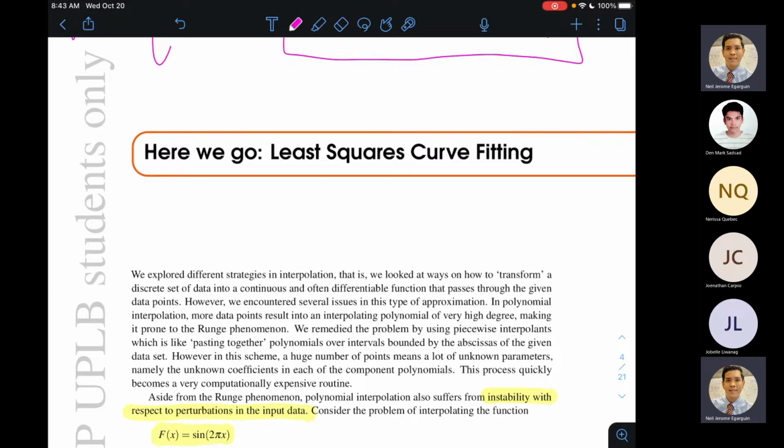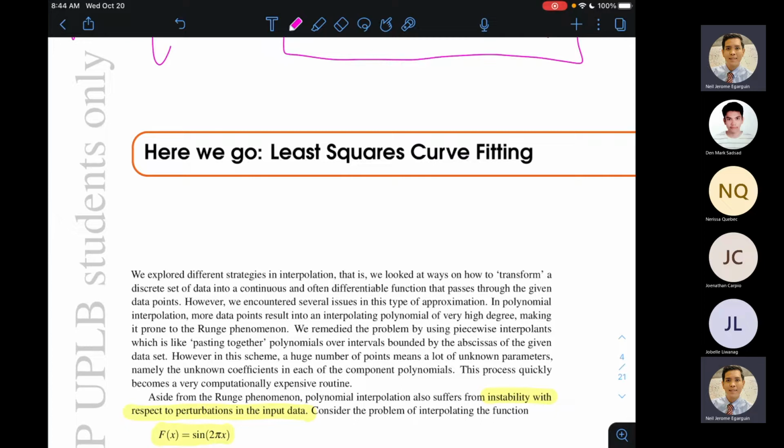So ang naging remedy natin sa Runge phenomenon para ma-avoid yung Runge phenomenon ay mag-paste together or magdugsong-dugsong ng polynomials of small degrees between two consecutive abscissas, right? So consider natin yung piecewise linear interpolants, which is we pasted together linear functions connecting two data points, or we also considered cubic splines, wherein nagko-connect tayo ng mga degree 3 polynomials sa mga subintervals.